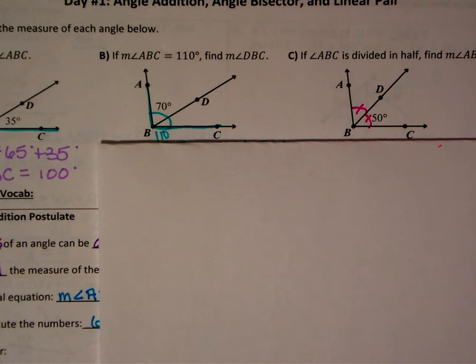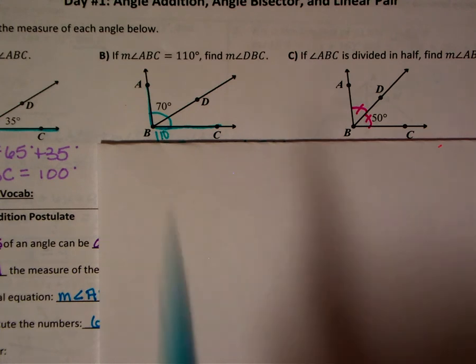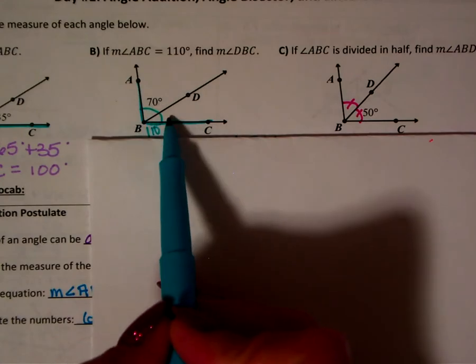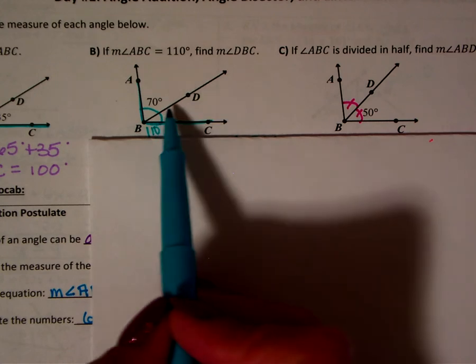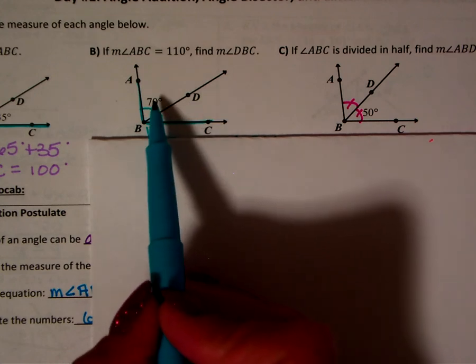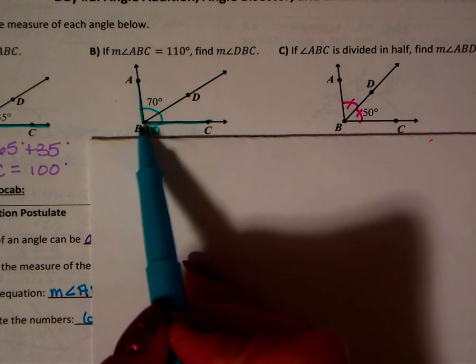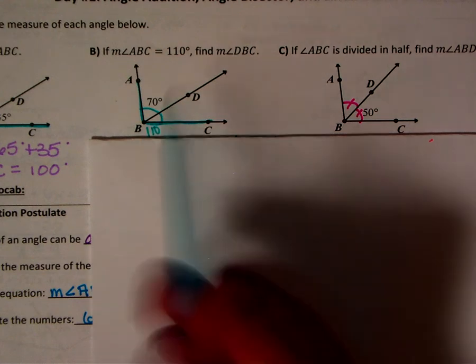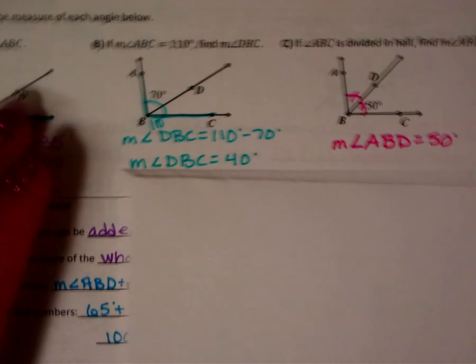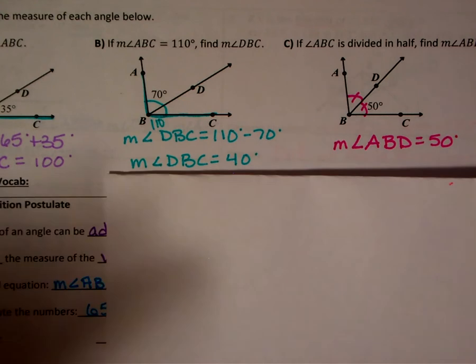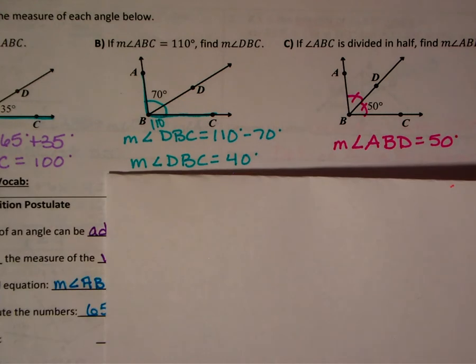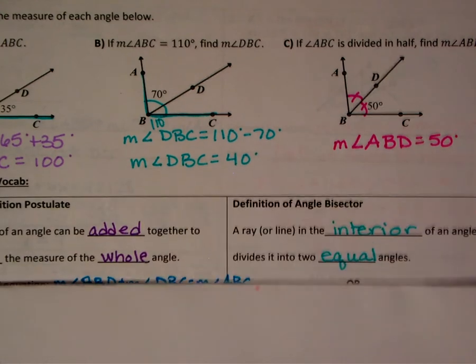What you should do is take the total angle of 110 degrees and subtract the 70, and then we would know that that's 40. The other way of doing it would be to take 70 degrees plus the measure of angle DBC, and that would equal 110, and then you would subtract to get the 40 as well. Either way, angle addition.